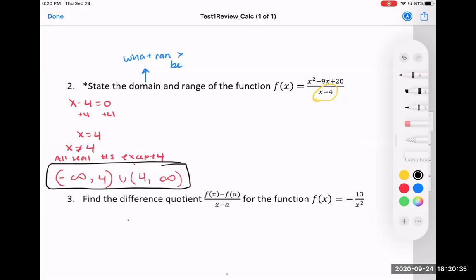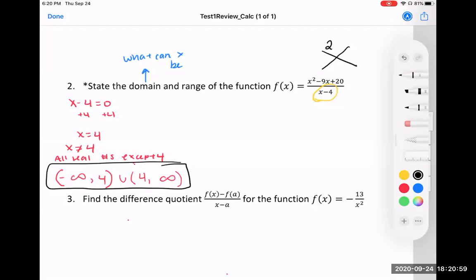Now, what is our range? To find where that domain value translates to our range, we just plug it in, but it's a denominator that would give us a 0. So for this one, luckily it factors. I always do my little factoring x. I know it's beyond you, but I always do it.